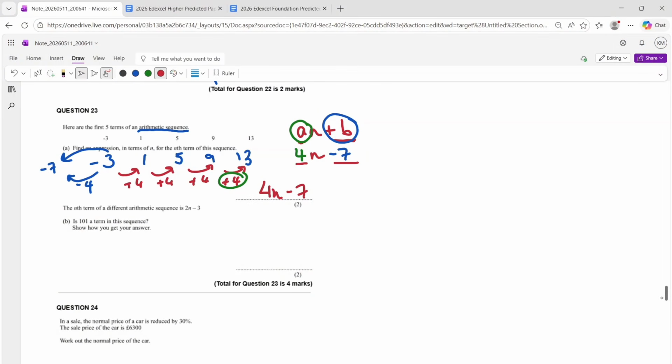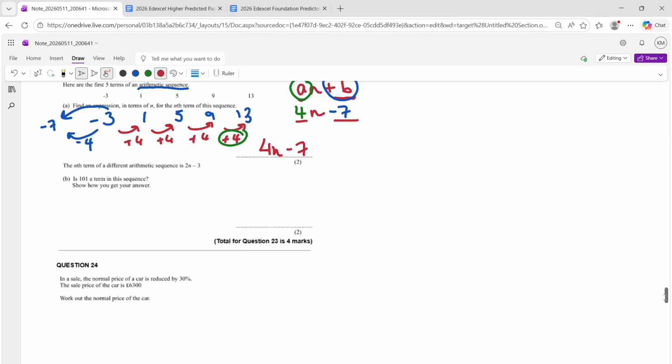Now, part B gives me the nth term of a different sequence, 2n minus 3. And it says, is 101 a term in the sequence? This is a very common question. The way you answer this is you equal it to 101 and you solve it. Now, solving this, n tells me where 101 would be in the sequence.